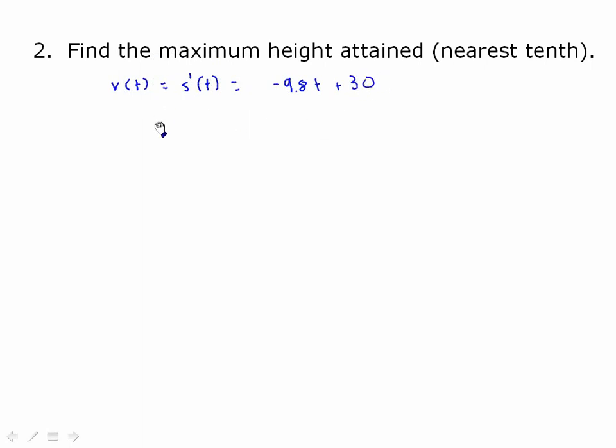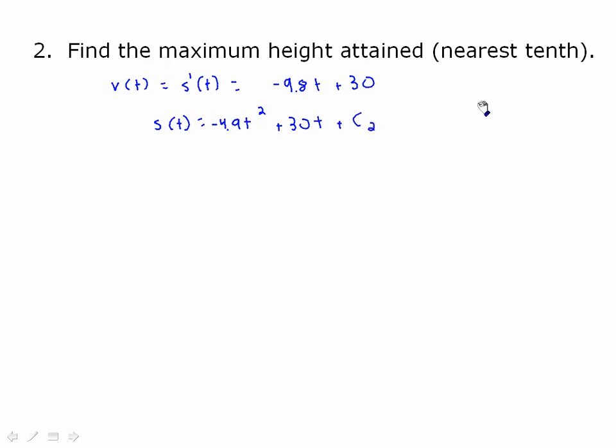So the position function, well, we get t squared, and we divide by 2, and we're going to get negative 4.9. And then plus 30t, plus, let's call this C2. And now we need to get that C2. So we're looking for initial conditions.